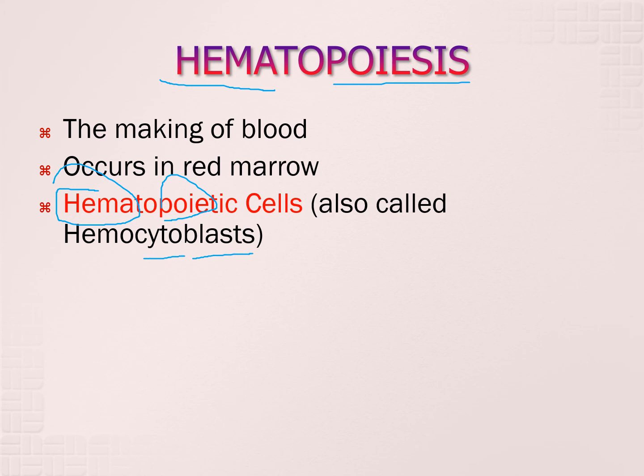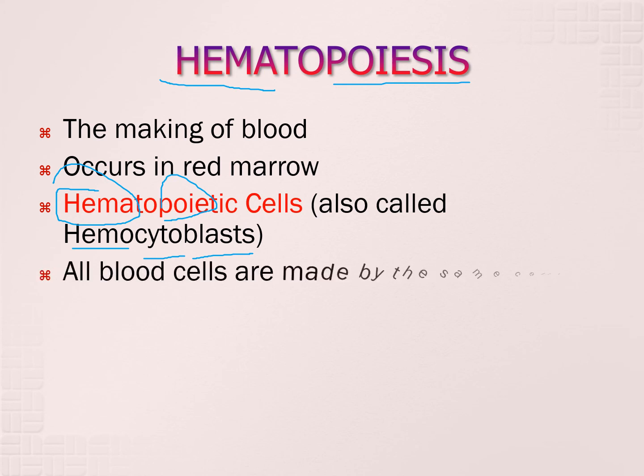Cyte, as you know, means cells, and hema means blood. So hemocytoblasts are cells that make blood cells. So hematopoietic cells and hemocytoblasts are the same thing. And these are what I call mama cells that are inside of our red bone marrow. And their only job is to go through mitosis and make blood cells.